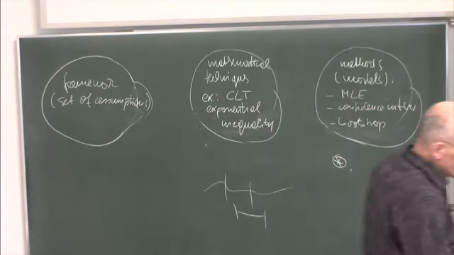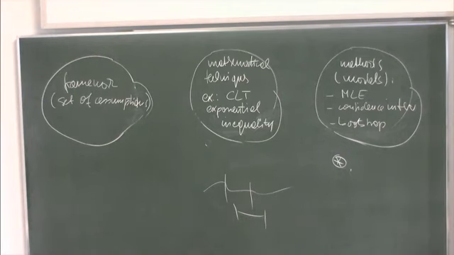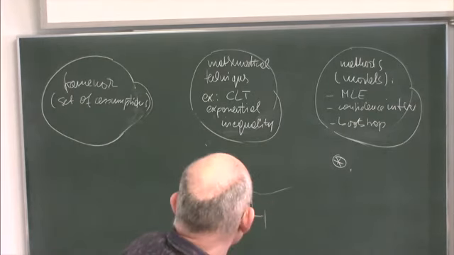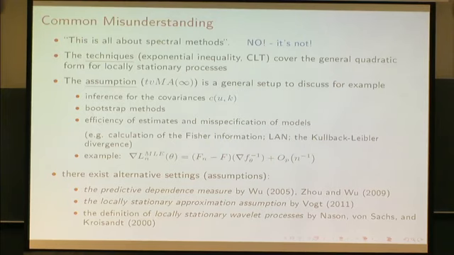And now I really want to mention this one. This is the definition of locally stationary wavelet processes by Guy Nason, Rainer von Sachs, and Croissant in this paper from 2000. Somehow this is the counterpart in the wavelet world of this thing here.